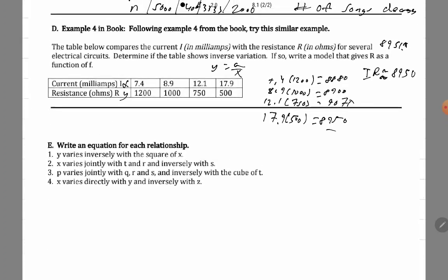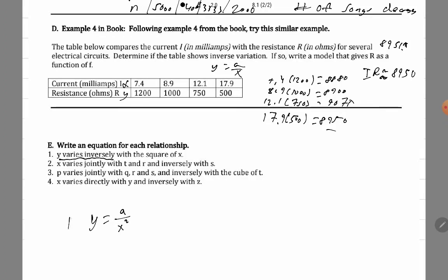Okay. Lastly, word problems. Well, more word problems. So y varies inversely with the square of x. So y equals a over x squared.